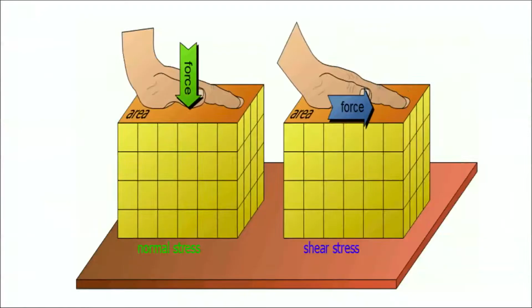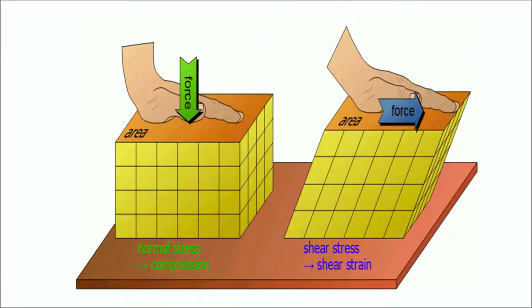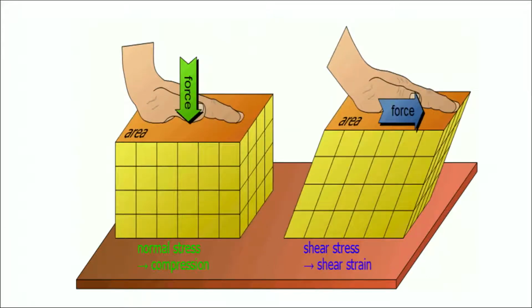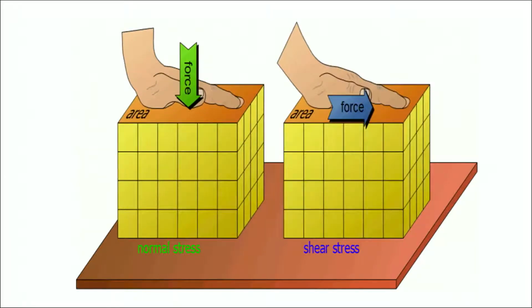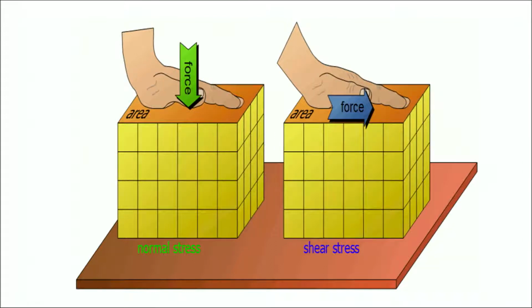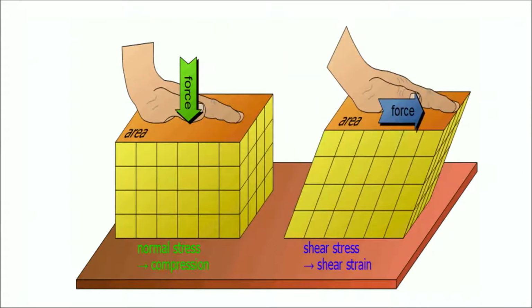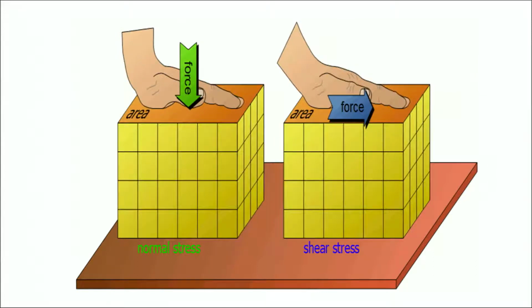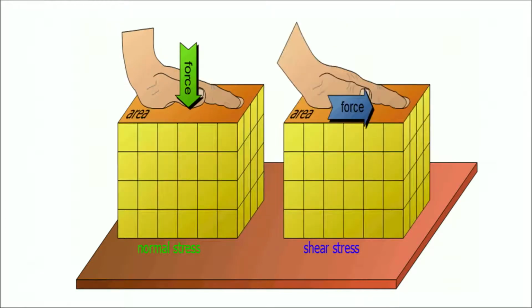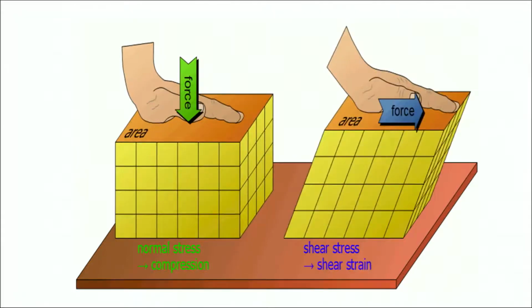As you can see from the very next slide, we have a live example for normal stress in terms of compression and shear stress in terms of shearing strain. As you can see in the next portion, the force is applied tangentially to the surface of a cube. And when this happens, the length is slightly slanted to the other end. This will give a shear strain.